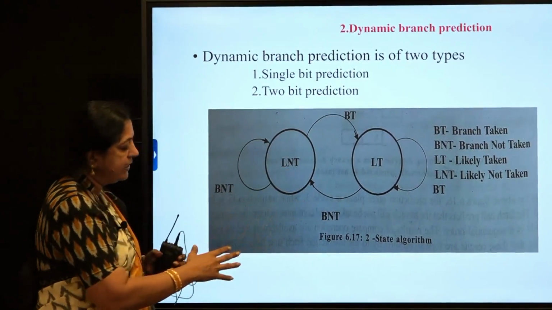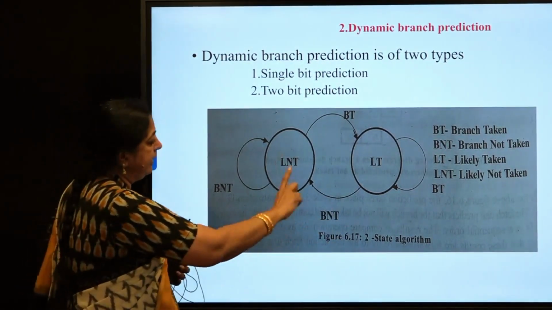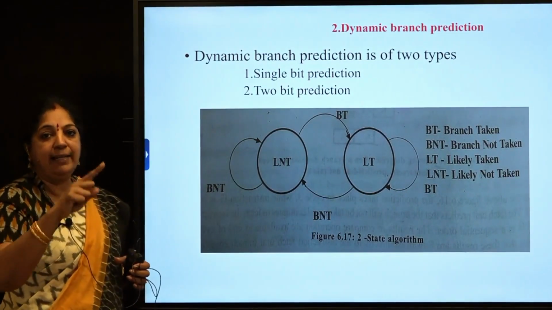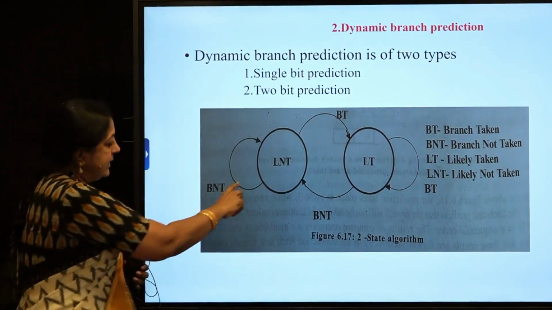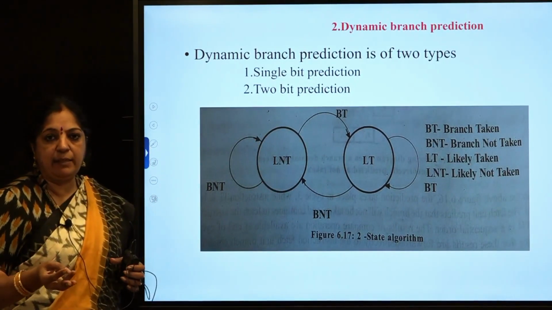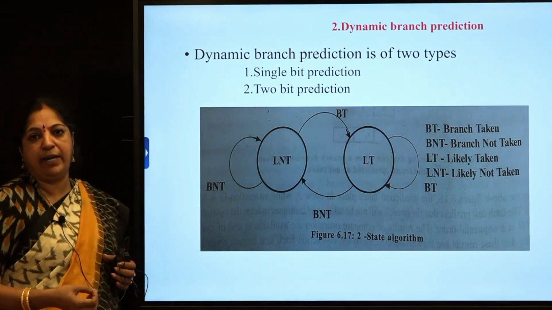If you consider the state diagram of the 2-state predictor, mainly we consider two things. One is branch likely to be taken. The second one is likely not to be taken. Likely to be taken means we are expecting that within the instruction there might be a branch.